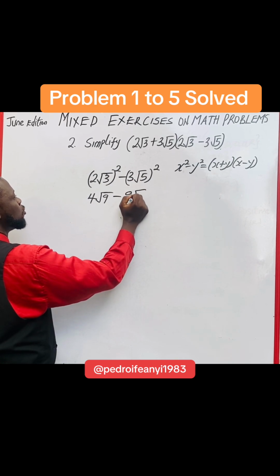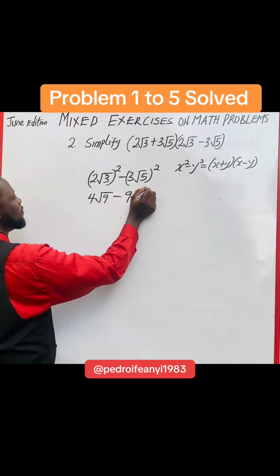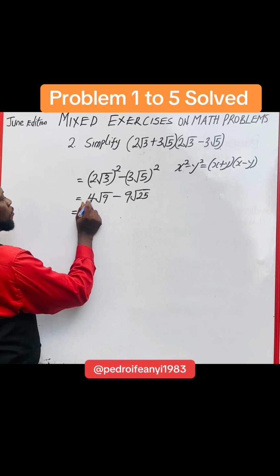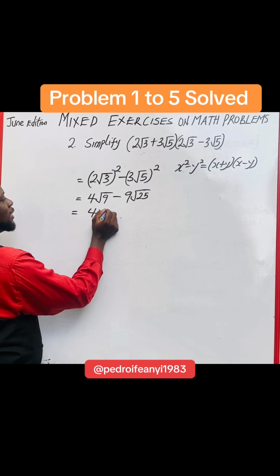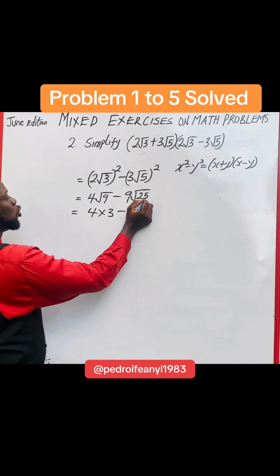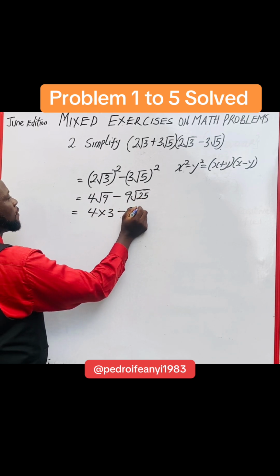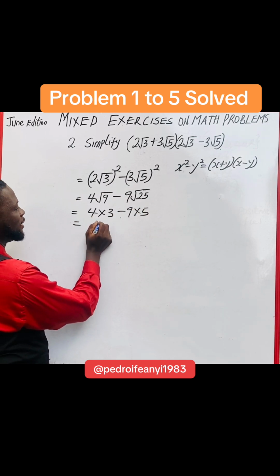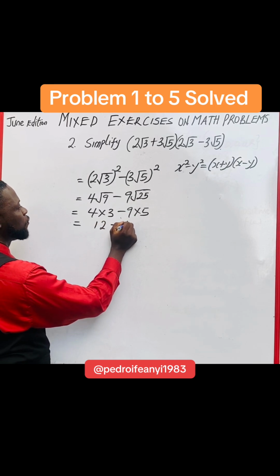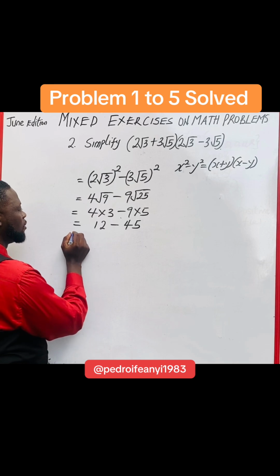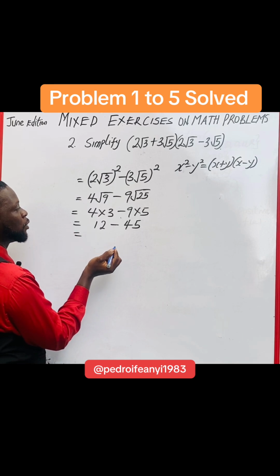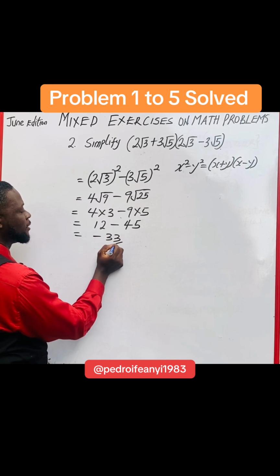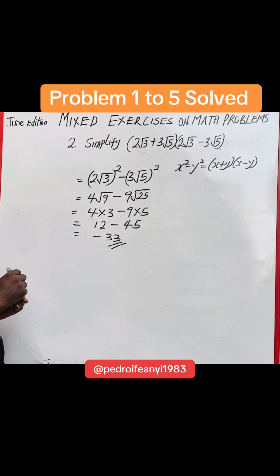Root 5 squared is root 25, which is 5. So we have 4 times 3, 12, minus 45, which quickly gives us minus 33. Very easy one.